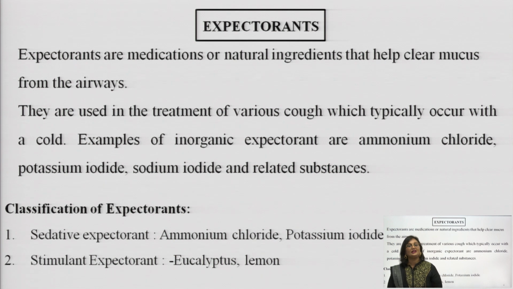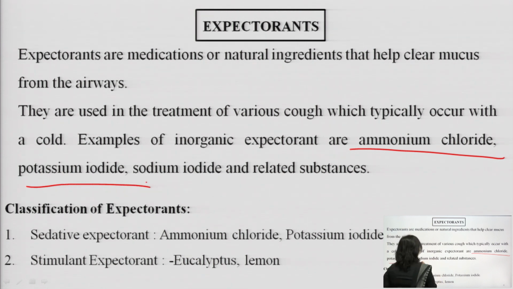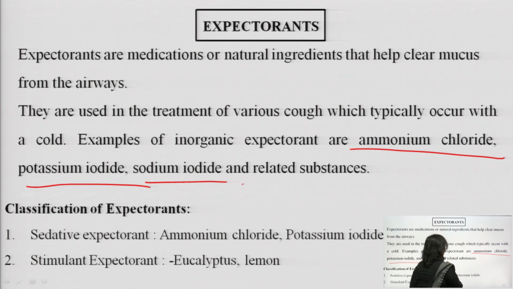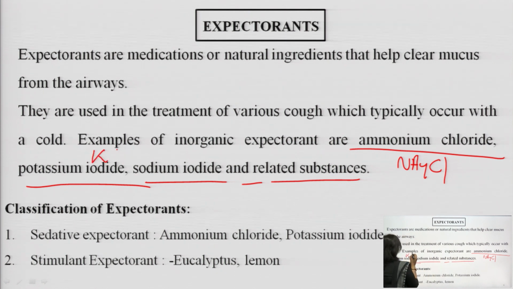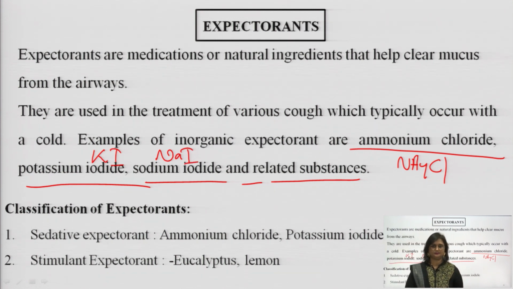They are used in the treatment of various coughs which typically occur with cold. Examples of inorganic expectorants are ammonium chloride, potassium iodide, sodium iodide and other related substances.